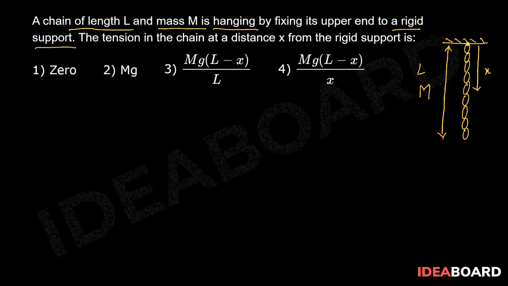For that, let us suppose this x length of chain as one block and the remaining L minus x length of the chain as another block, and these two blocks are suspended by means of light strings.